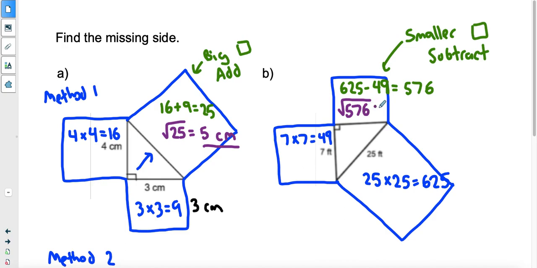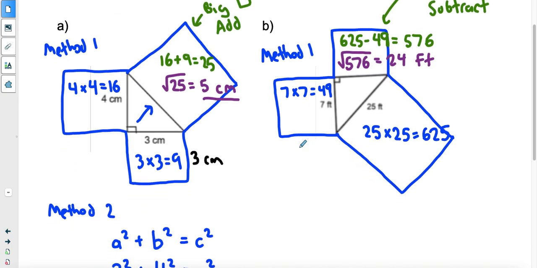And the square root of 576 is just 24. So the length of this missing side is 24 feet. So that was method 1. Method 2, we can use the formula.